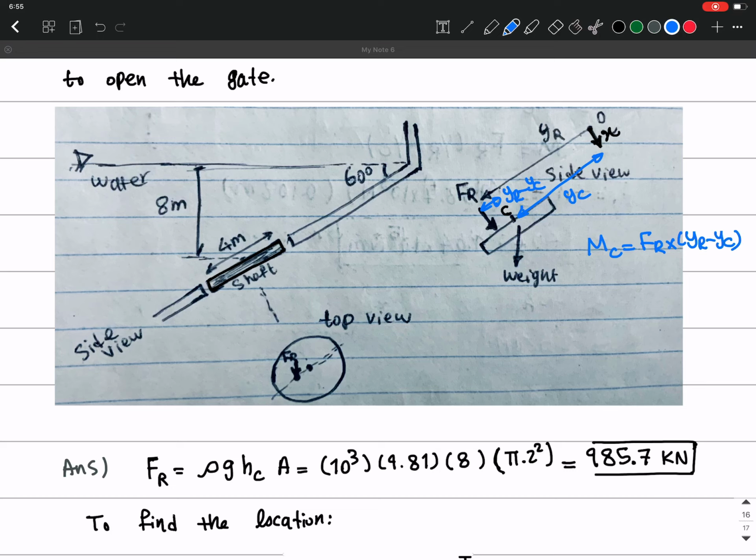This is going to be the moment, and the weight is not going to count because the location of it is right at the center, so the length to that force is just 0. Okay, so we have eliminated the weight here. So let me now write this down.